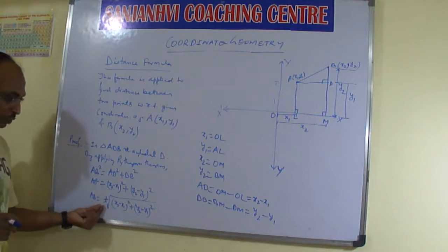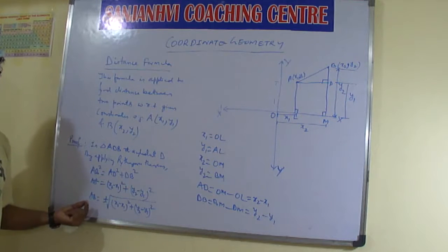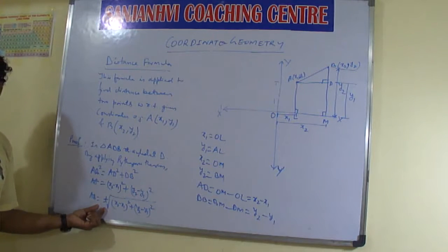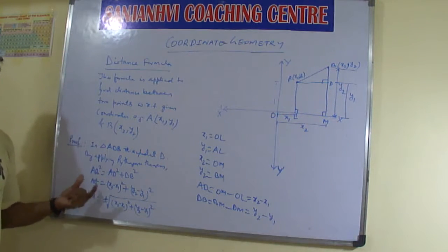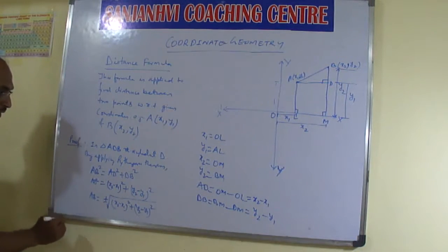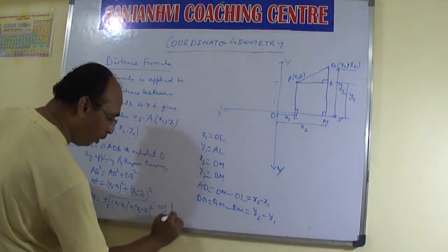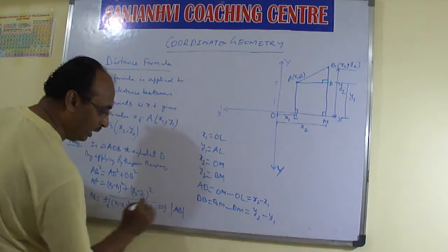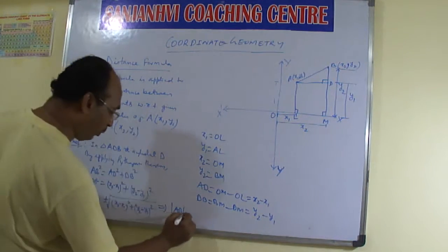Now AB is a distance, so the negative value is not considered; the negative value is ignored and only the positive value will be there. Therefore, distance AB is always positive.